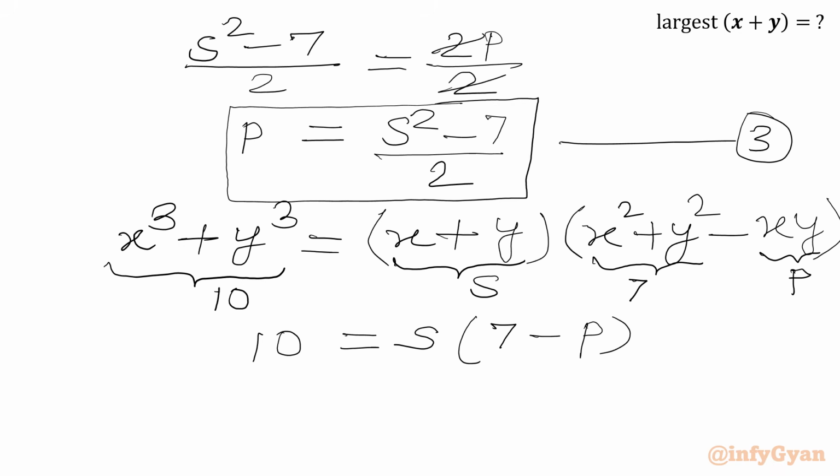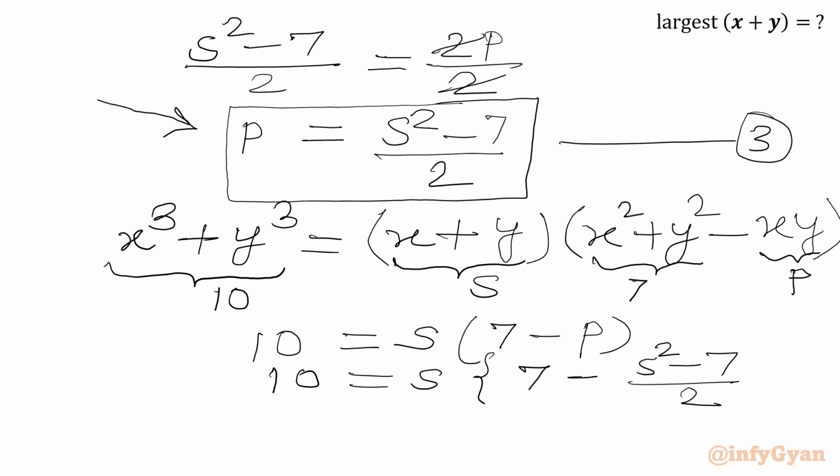Now we will utilize our equation number 3. P equal to S square minus 7 over 2. So let us put it over here. We will write 10 equal to S times 7 minus S square minus 7 over 2. Now we will take LCM.